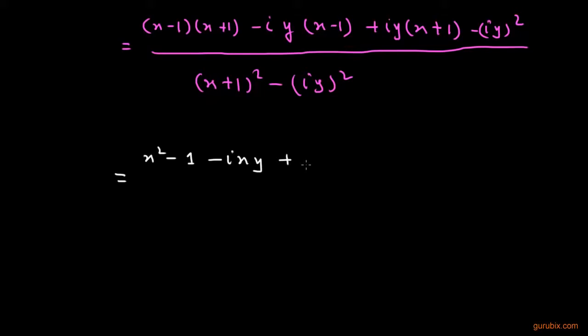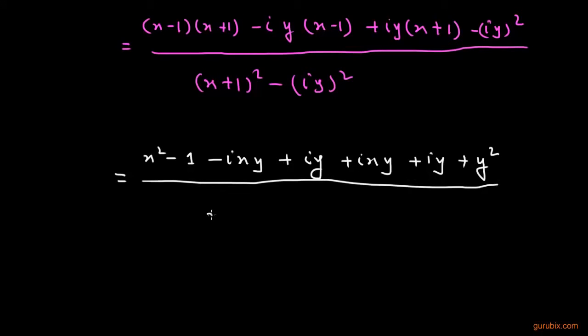Here we have plus iota xy plus iota y, and here we have plus y squared, because iota squared is equal to minus 1. If we multiply minus 1 with the minus sign, then we get a positive sign.